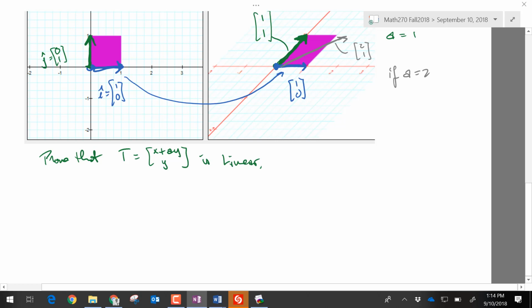So we'll prove that it's linear, and we'll take a look at the two rules, or the two criteria that we had. We had T of... can I change the symbols? Just to be consistent with the book, I'm going to need to change the symbols.